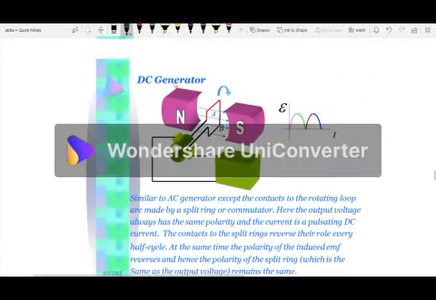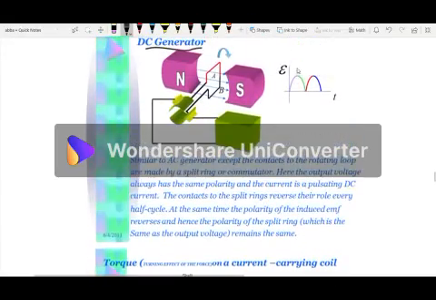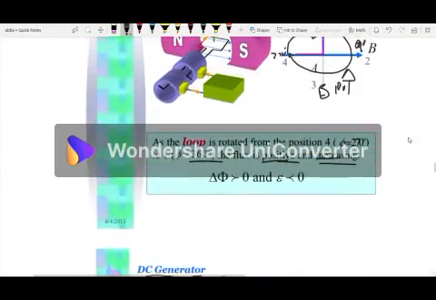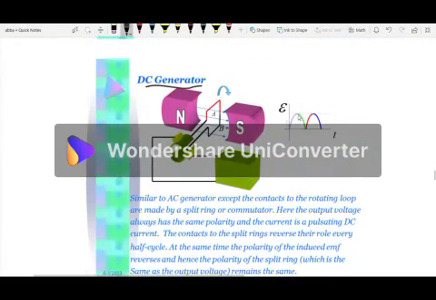Now, let's talk about the DC generator. An AC generator has this kind of graph, where the current is fluctuating. With the direct current generator, the graph is only on the positive side, so it goes up and down. There's no negative value there.